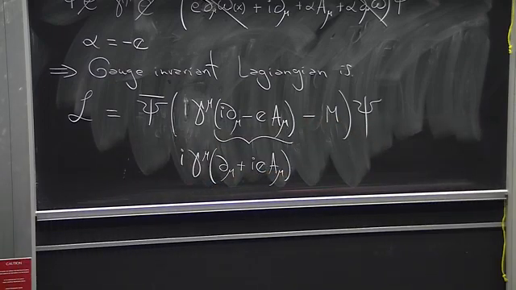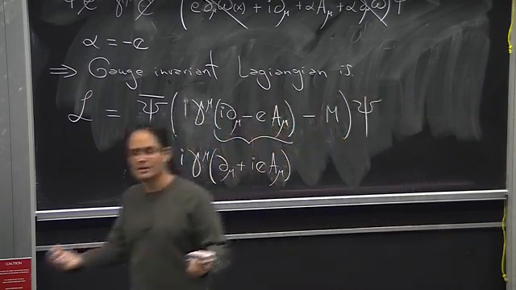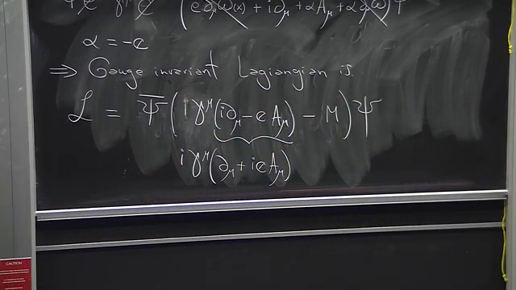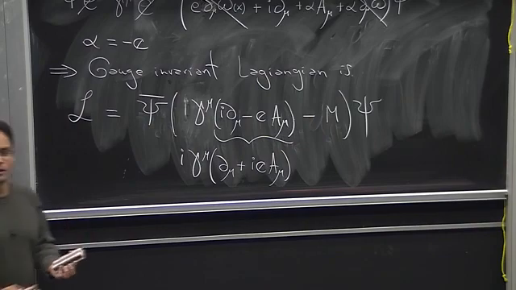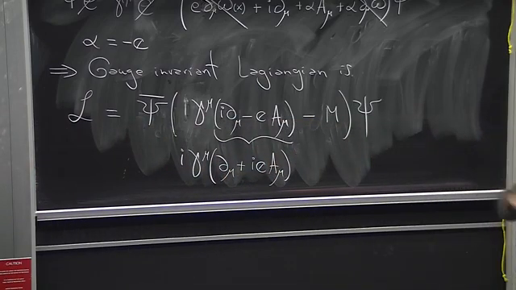So have you guys ever seen any theory where you had a standard derivative and then all of a sudden you had to change that derivative by adding a term corresponding to some connection in GR, right?